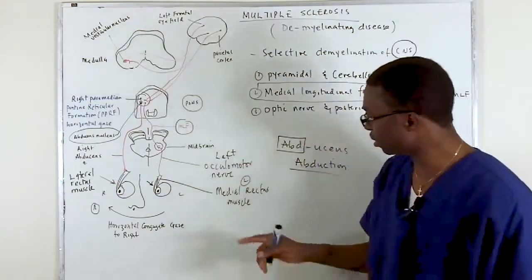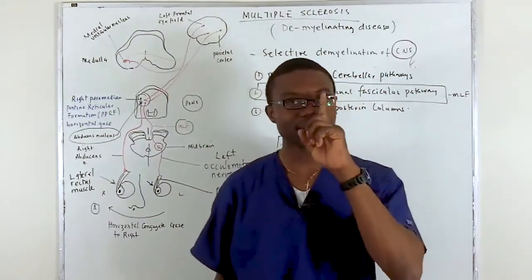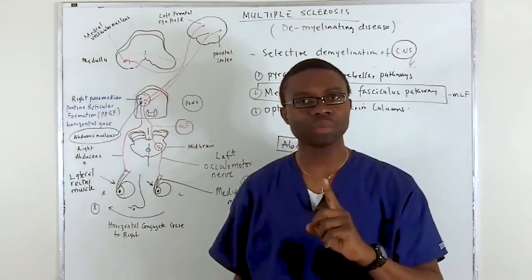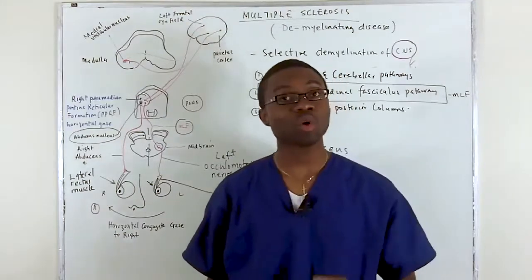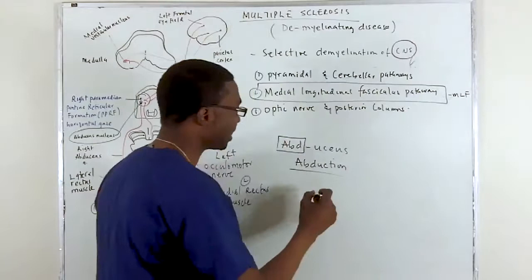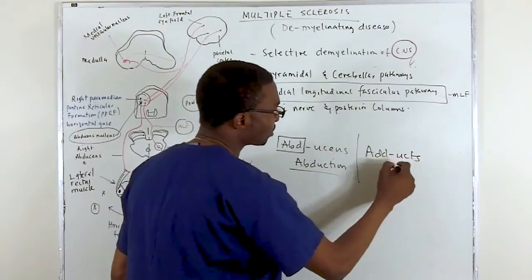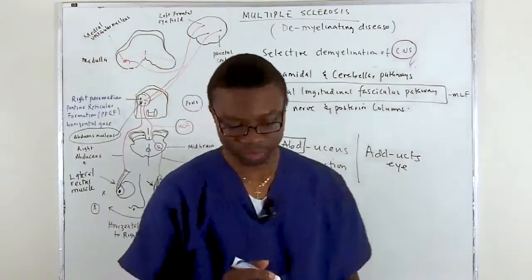Now, what does the medial rectus muscle do? Well, it pulls my eye in towards the middle because it's medial. So what is the function? It adducts the eye to the middle.